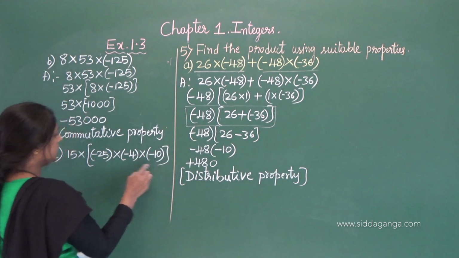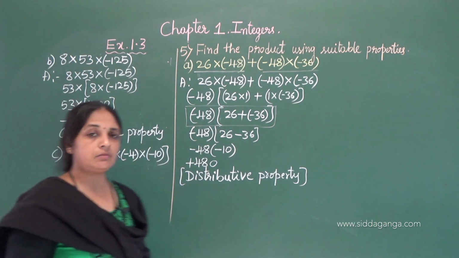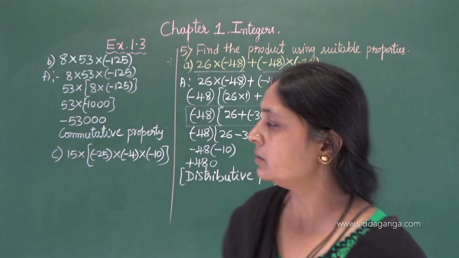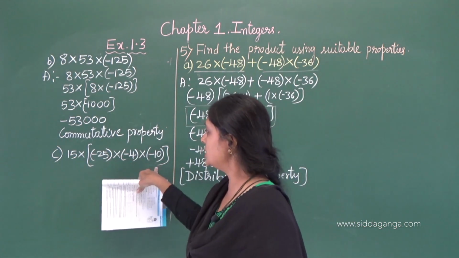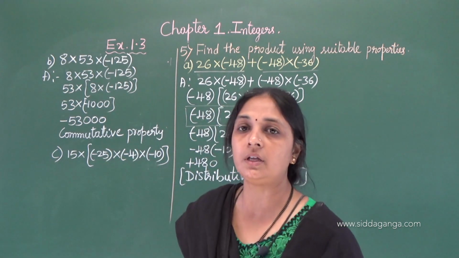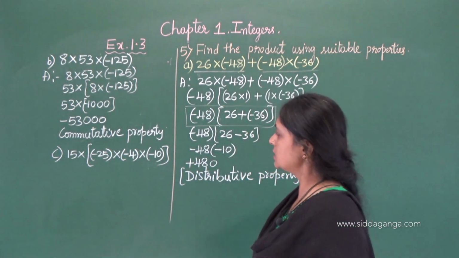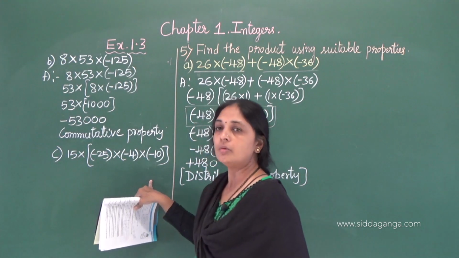They have grouped here. Okay, they have given 4 numbers here, then you can multiply in any order. This is also under commutative property.